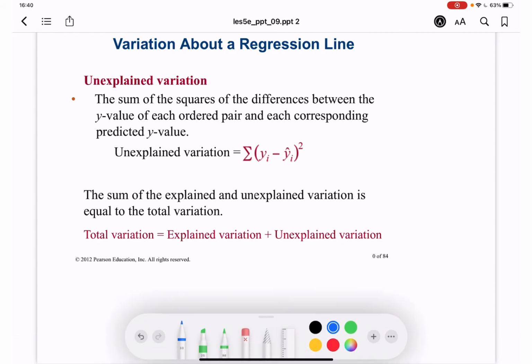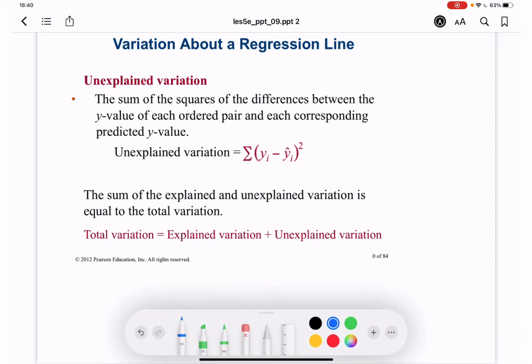In unexplained variation, it's a sum of squares between observed y value and corresponding predicted value. What we predicted, what the reality is. And you summarize and you square and sum. So sum of squares of the differences.